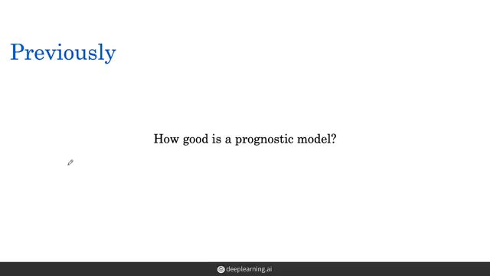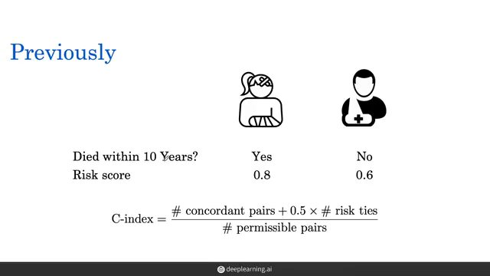In this lesson, we'll chat about the evaluation of survival models with the Harrell C-Index. We've already seen the setup of evaluating a prognostic model. We asked how good a prognostic model was earlier when we were looking at a setup where we had a risk of death within 10 years, or where we were looking at cardiovascular disease risk prediction in 10 years.